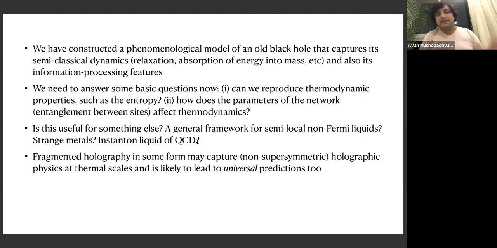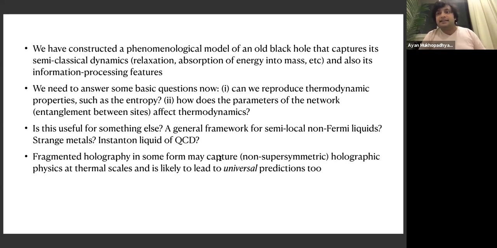So there are these various possible generalizations, and fragmented holography in some form can be part of the usual non-supersymmetric holographic physics at thermal scales, because we know that any non-supersymmetric horizon will have this kind of fragmentation instability.